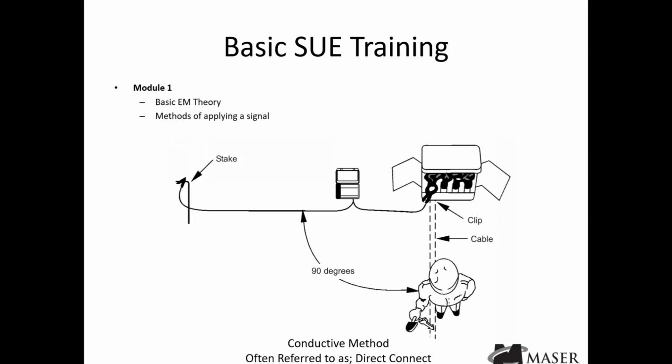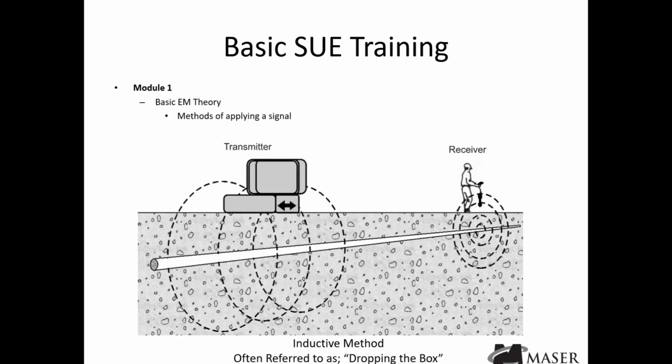So the idea is you want to separate your grounding stake as far as you can physically, based on the limits of the amount of cable that you have, and at that 90-degree angle, so that you are not accidentally receiving, on your receiver, your ground path return, that you are actually locating your target. And with proper diagnosis, you can understand if you have somehow moved over to your ground path return. So it takes a little while, it takes some training to understand how to do that, but it is possible to diagnose that issue.